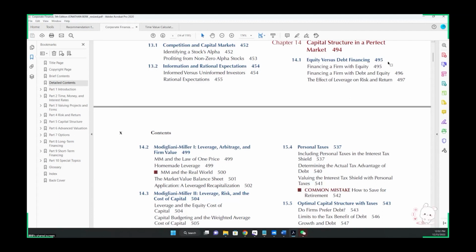And the other part of the MM theory indicates that there is no relation between the dividend policy and the firm value. This is because once the investors receive their dividends, they will do their own investments. And in the ideal environment, the rate that they can have on the individual investment is the same as the market, as the firm. So there's no impact on the firm value.